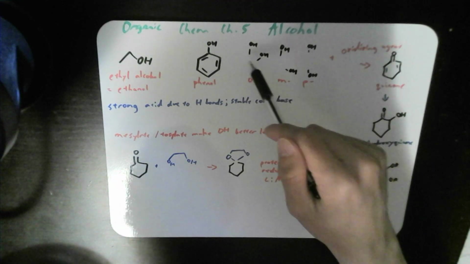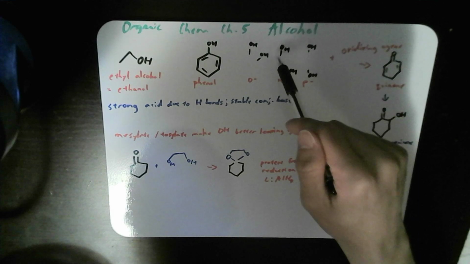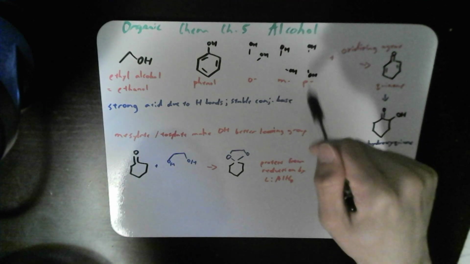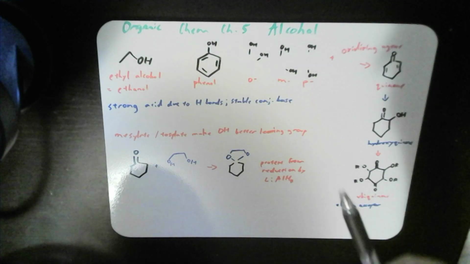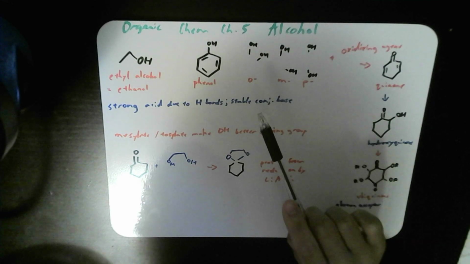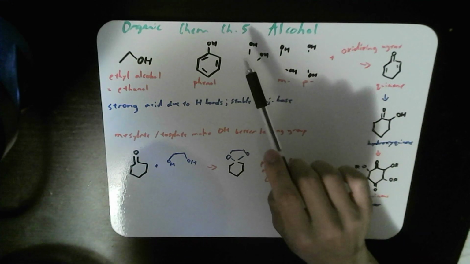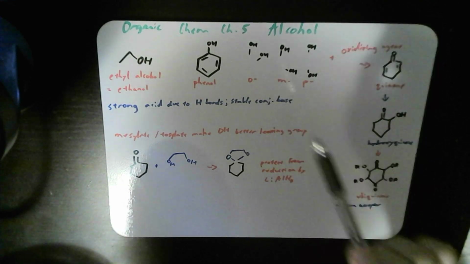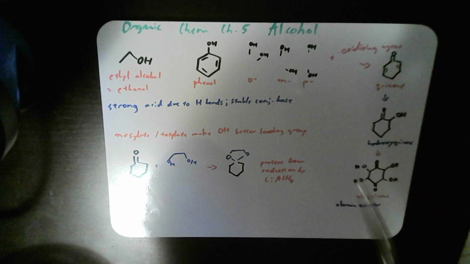O is a single stroke, so 1 away. M is 2 strokes, 1, 2, 2 away. P is all the way down, right across because of that line. That's just a little thing in front of it. So it's O phenol or M phenol or P phenol.